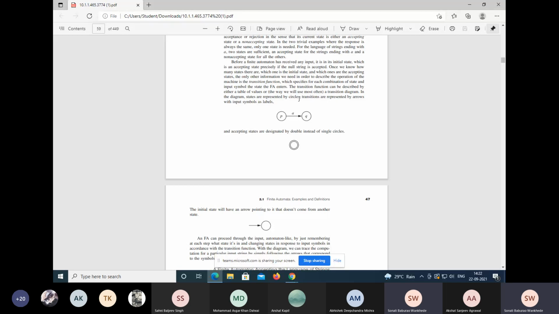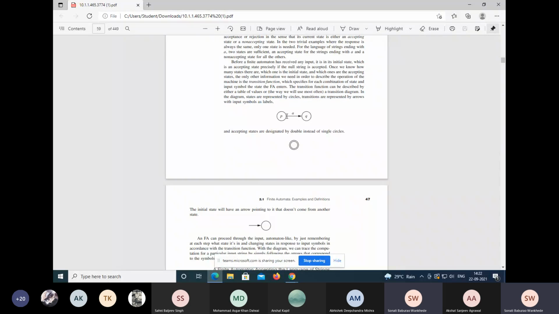Transitions are represented by arrows. This is a transition. Transitions are represented by arrows with input symbols as labels. In the diagram, states are represented by circles, transitions are represented by arrows with input symbols as labels.